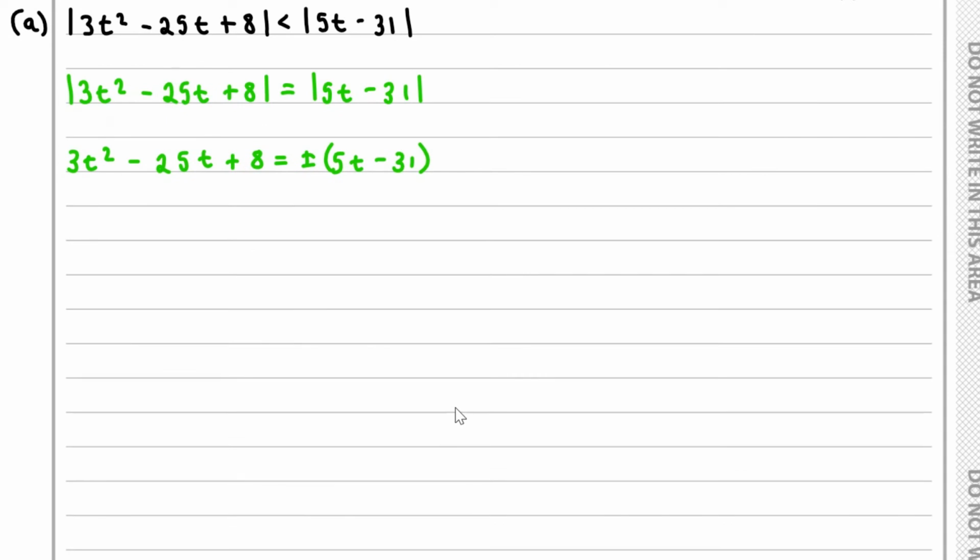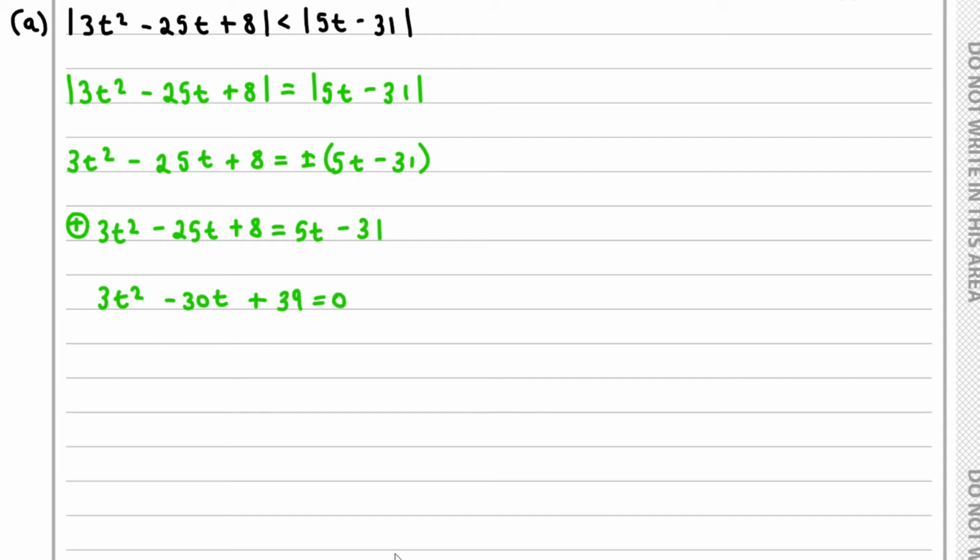Now if we deal with the positive and negative separately, well, dealing with the positive, we have 3t squared minus 25t plus 8 equals 5t minus 31. And if we rearrange, we have 3t squared minus 30t plus 39 equals 0.